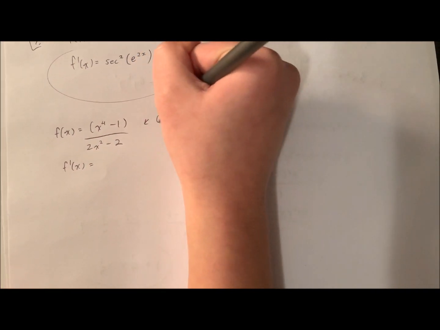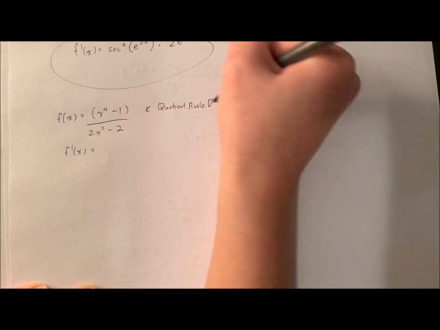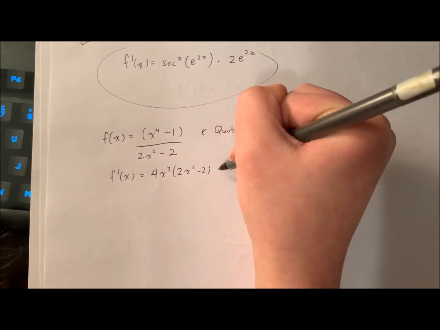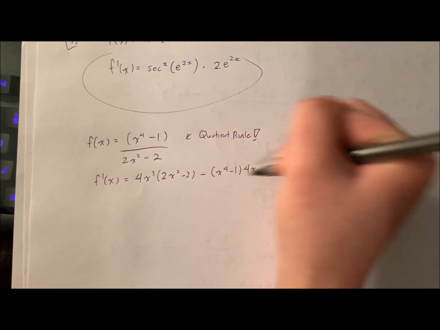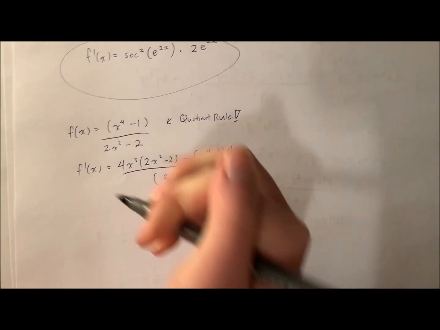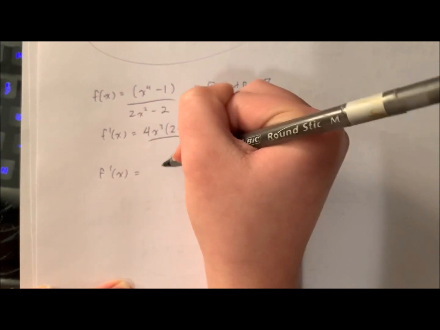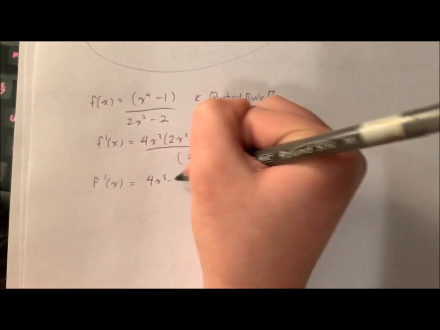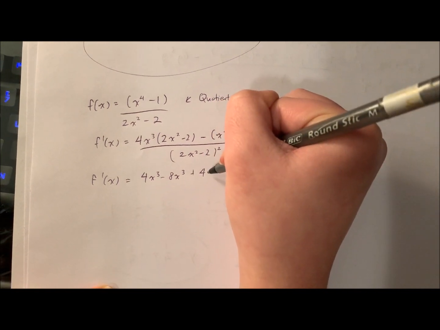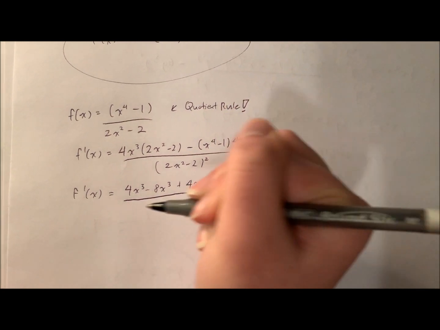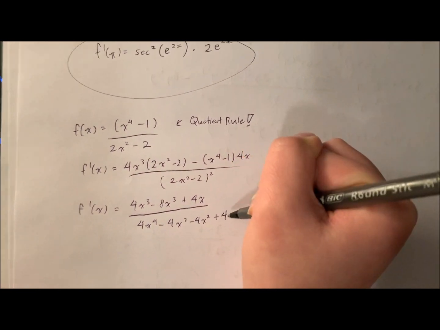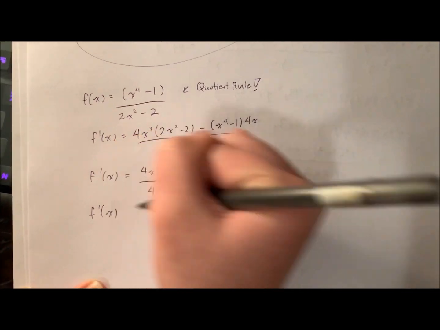This results in, well, we need to use quotient rule because it's divided. 4x cubed, multiplying this all out, it results in, okay, and now I need to subtract all of those.